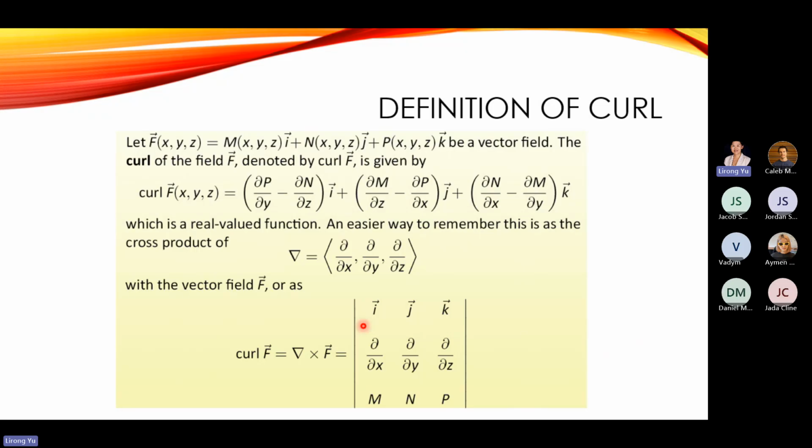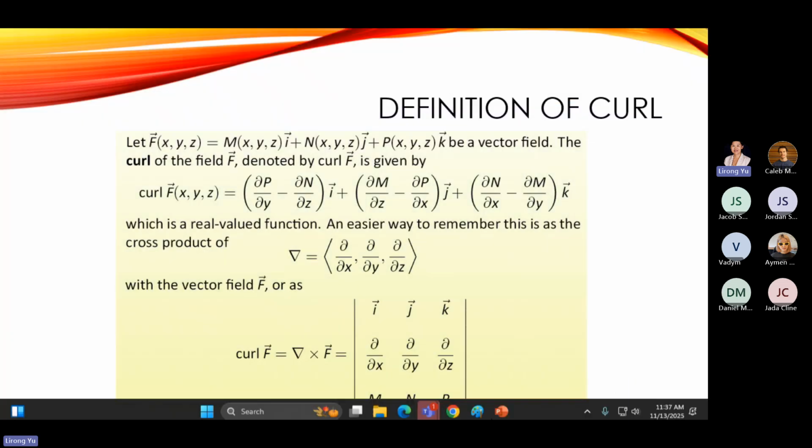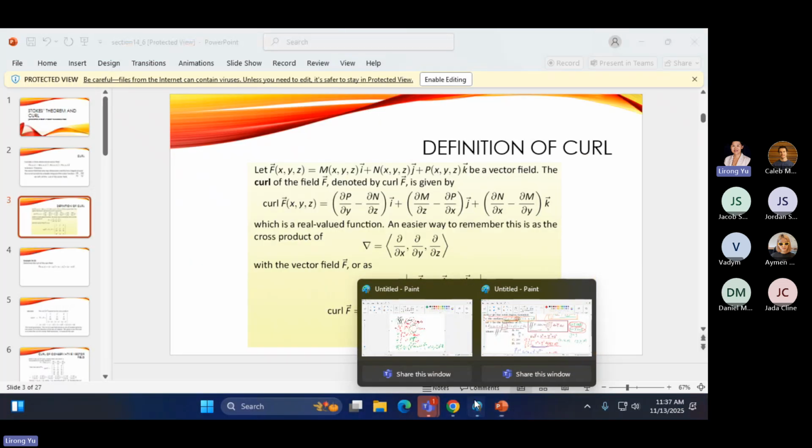The way to do it is to realize that the combination of the two can be considered as an operator acting on the vector. We use a 3 by 3 matrix to represent the calculation of curl. We put the vectors i, j, k on top. This is at least how I remember it.